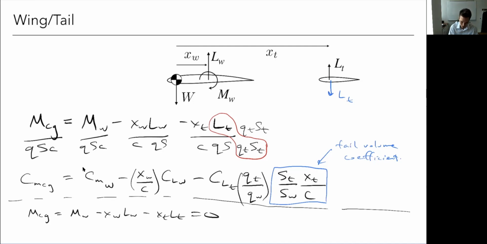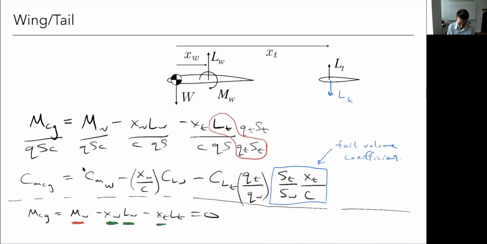And so I'm going to color the ones that are positive green and the ones that are negative red. We know this is negative. We know that this distance here is going to be positive, and for a conventional tail, this is definitely going to be positive, and the lift on my wing better be positive.